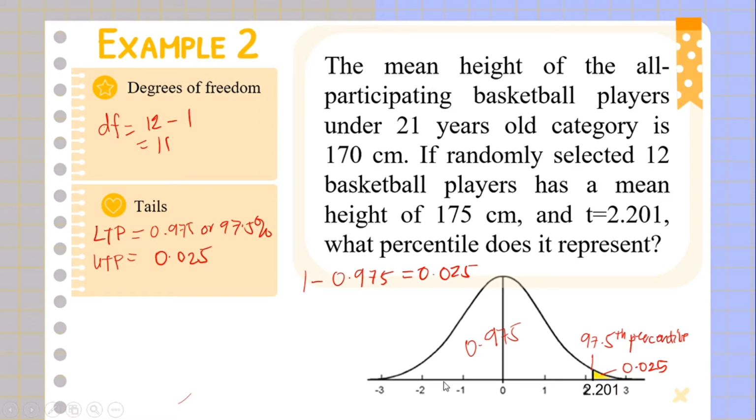So, what does this percentile mean? Since the height is 97.5th percentile, it means that the 12 basketball players are taller than 97.5% of all participating basketball players.